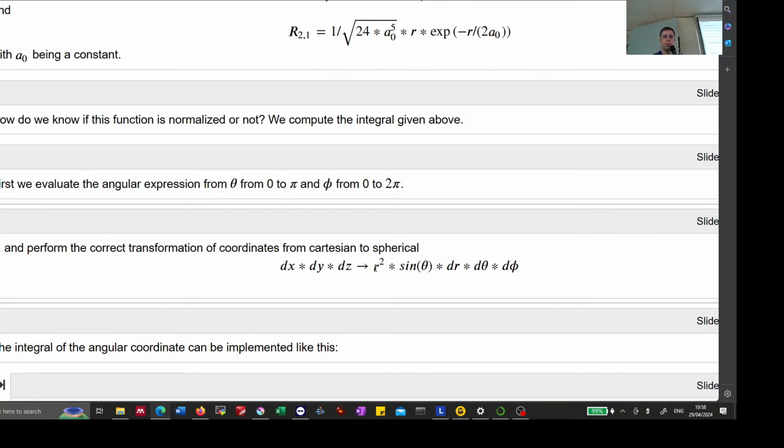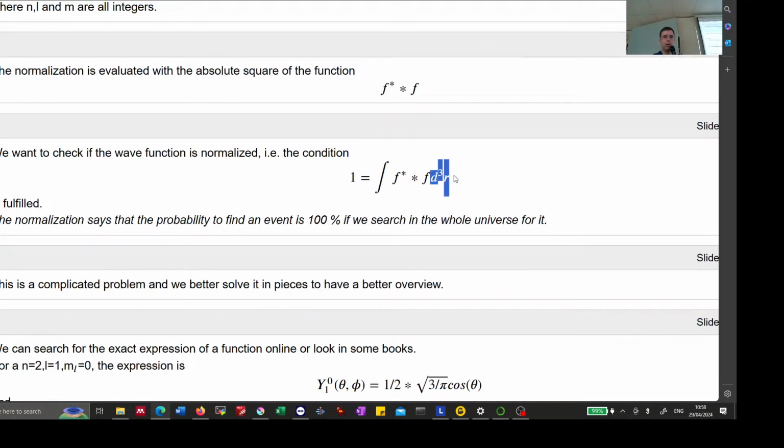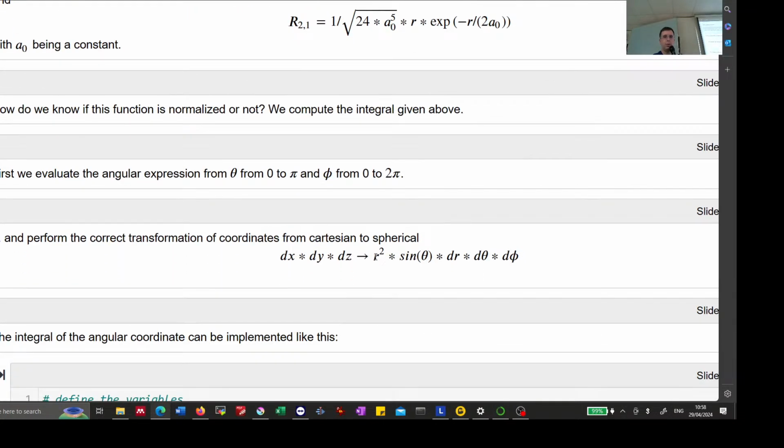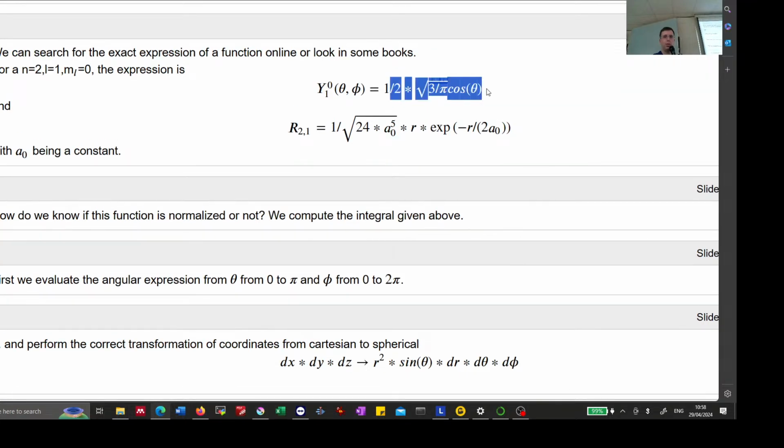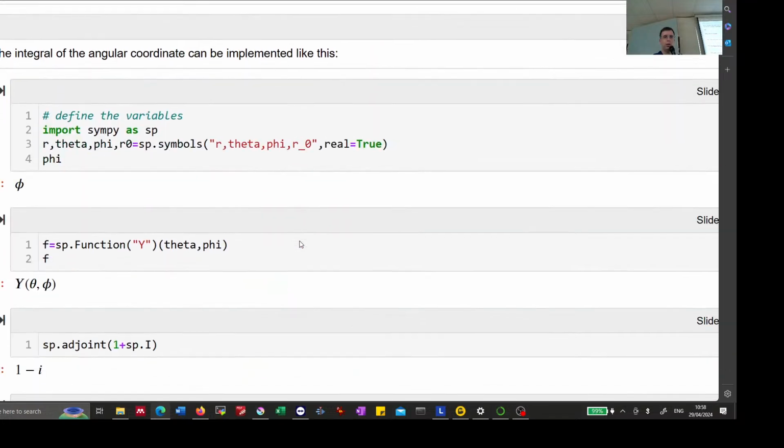Okay, so here this prefactor. Okay, so our volume integral dr becomes this, and then we just need to copy paste these functions and integrate them. Easy, right?